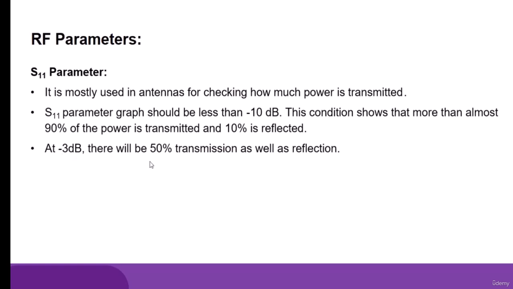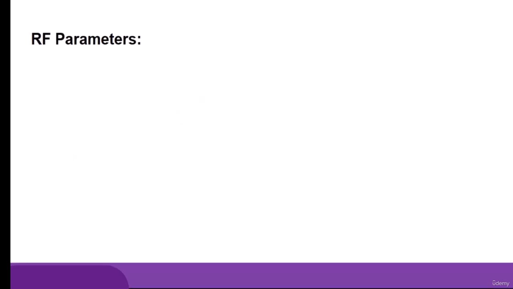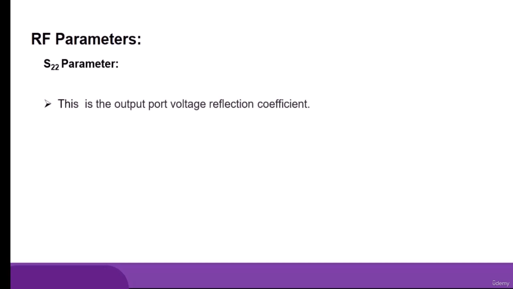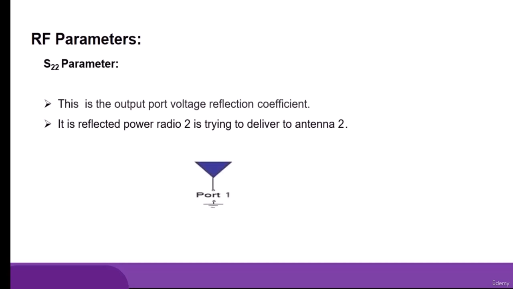Now, moving towards the S22 parameters. This is the output port voltage reflection coefficient. If we have a two-port system, then the reflection coefficient at the second port is the S22 parameter. It reflects the power radio 2 is trying to deliver to antenna 2. So this is port 1 with antenna 1 and this is port 2 with antenna 2. Now, the reflected power from antenna 2 through port 2 is the S22 parameter.